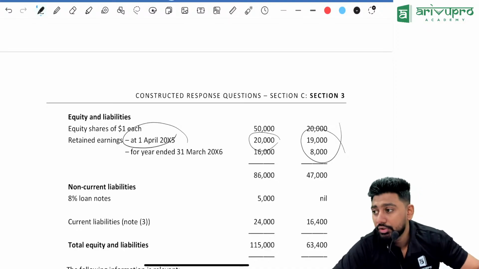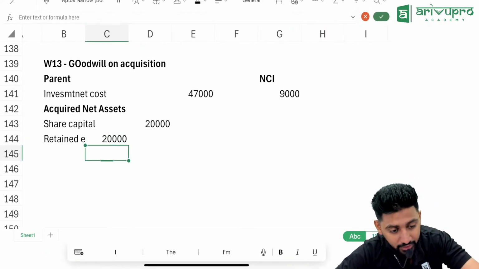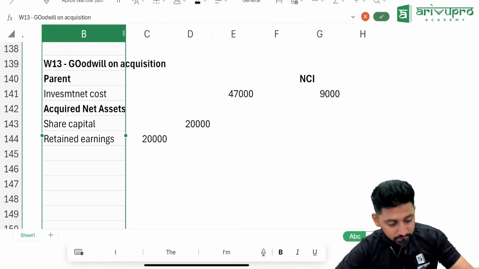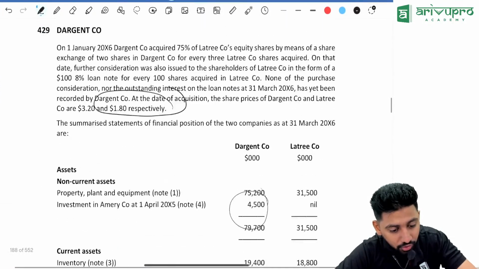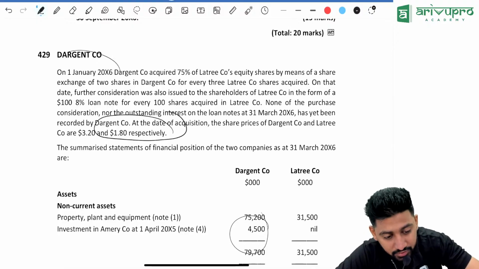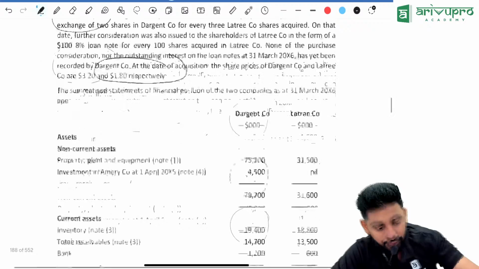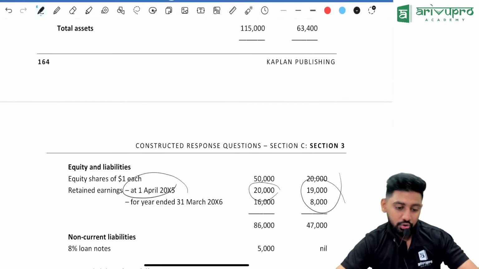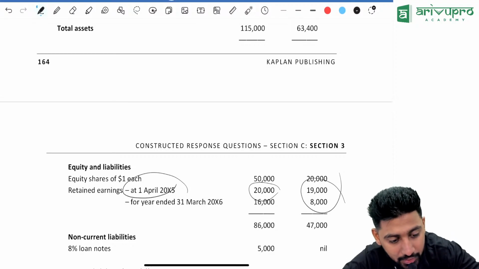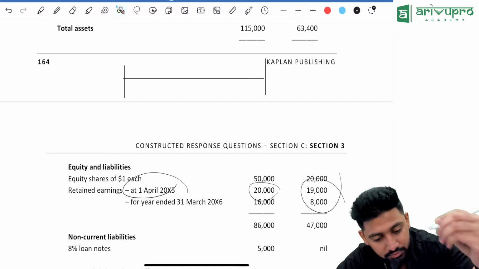Are we clear? So my opening retained earnings is 20,000, but I want retained earnings at acquisition date. My retained earnings at acquisition should be as at 1st of January 2016. But what they have given me is 1st of April 2015. So in other words, if I have to put a little timeline, it looks something like this.